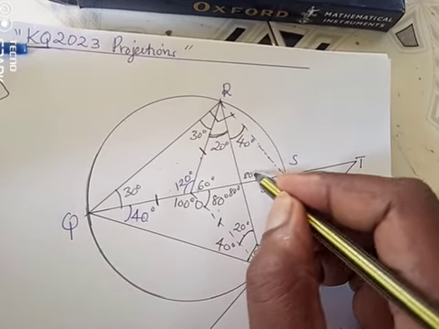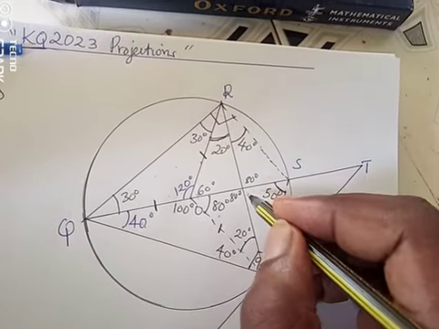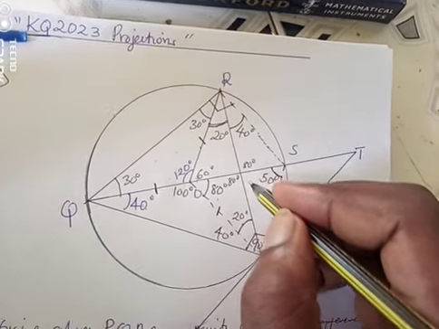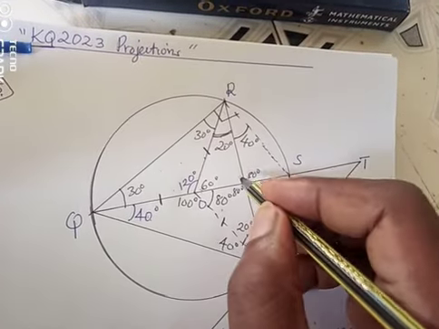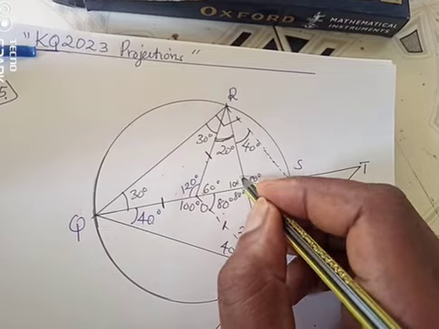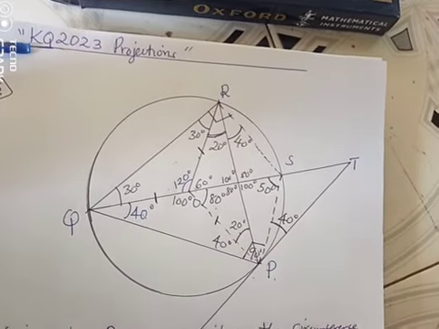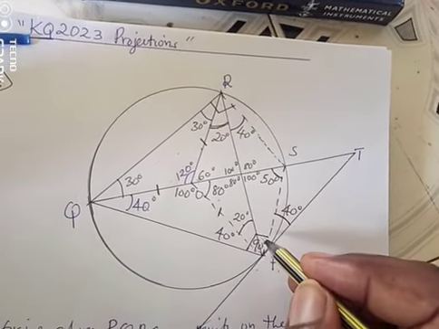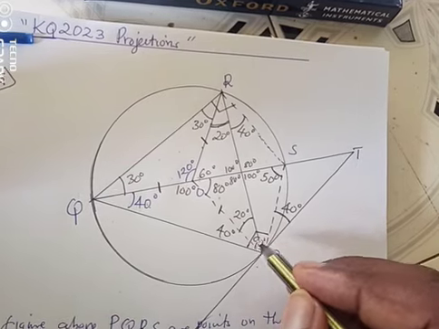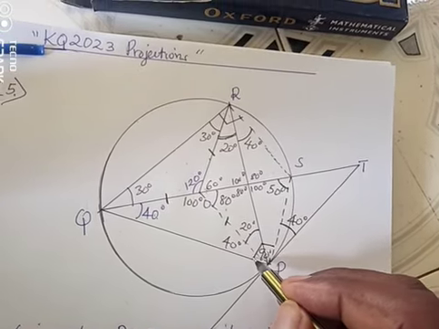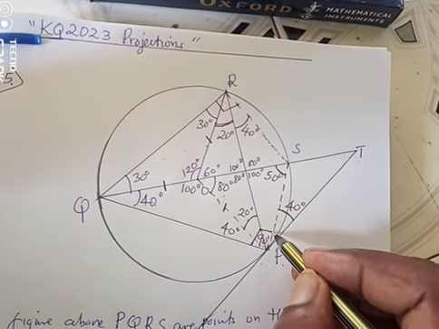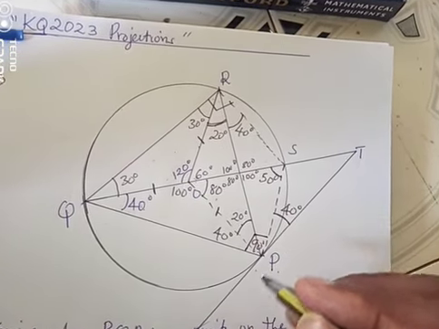Vertically opposite is another 80 over there. Then angles on a straight line is 100 degrees. Again, vertically opposite, 100 degrees. Then look here, we had said angles subtended by the diameter on the circumference add up to 90 degrees.